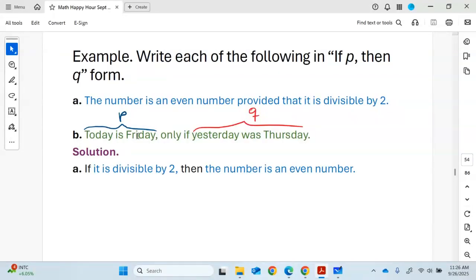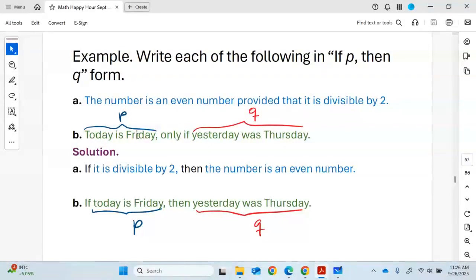So again, I'm going to start my answer by writing if, then P: if today is Friday, comma, then yesterday was Thursday. So I accomplished the task. I needed to write this statement in an equivalent way, but using the prepositions if and then. If today is Friday, then yesterday was Thursday. And it's exactly the same meaning.